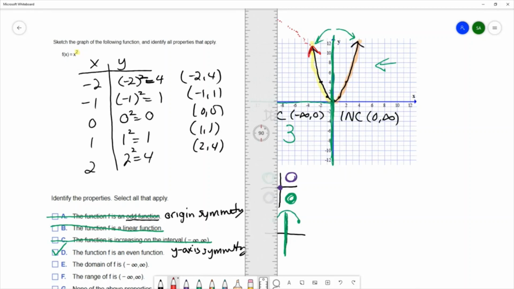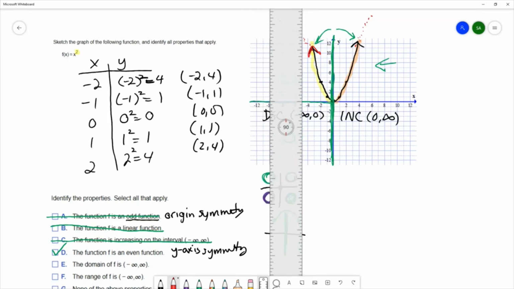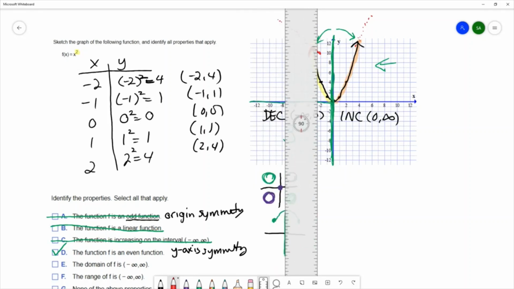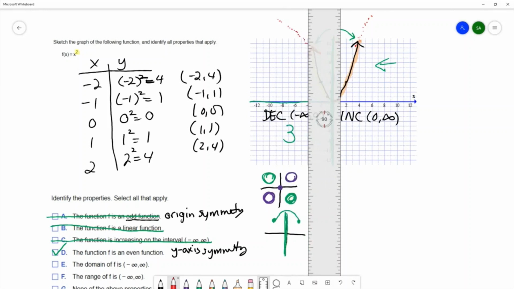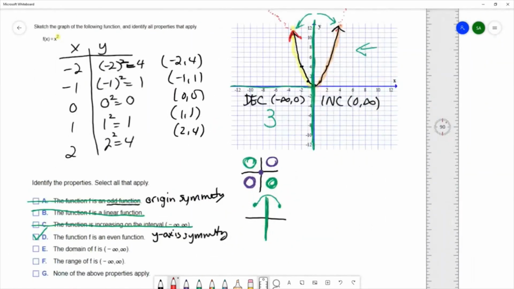The domain would start at negative infinity, and because of this line it's going further and further right, the domain would stop at infinity. So my domain on this example would go from negative infinity to infinity, and so this property is true. I would keep that one.